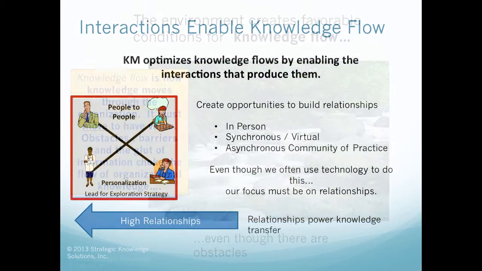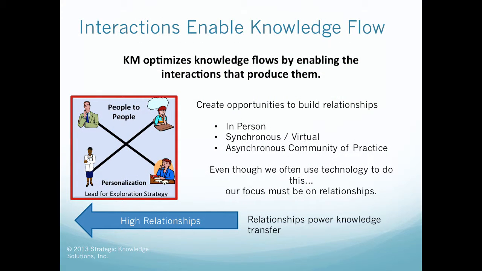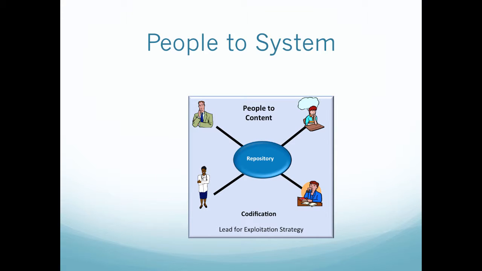So we want interactions between people, where we're connecting people together, and that could be one-to-one or one-to-many. We want people to connect to content, and that can be in a repository, it could be on a bookshelf, it could be in my bottom desk drawer. It really doesn't matter, it's wherever the important content is kept.